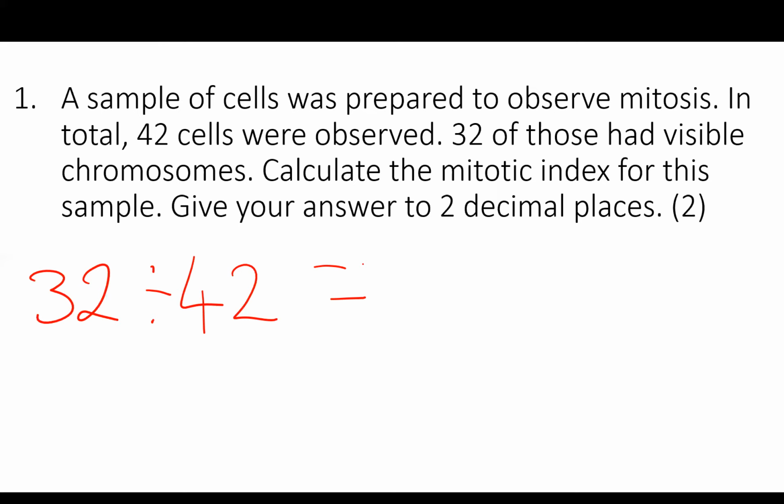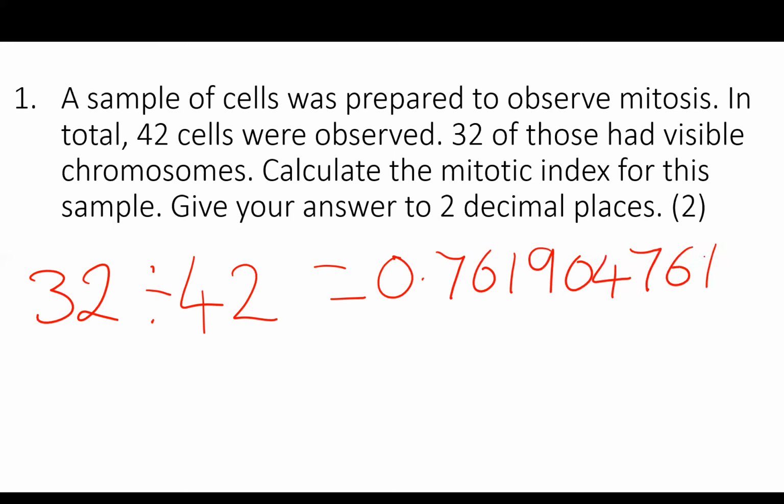When you do 32 divided by 42, that would give you 0.761904761. That'll get you 1 mark. The second part of the question asks you to give your answer to 2 decimal places. So then your answer would be 0.76.